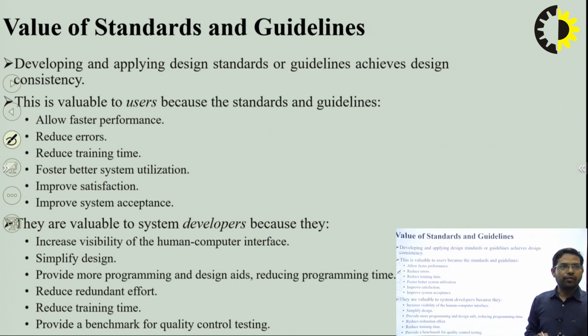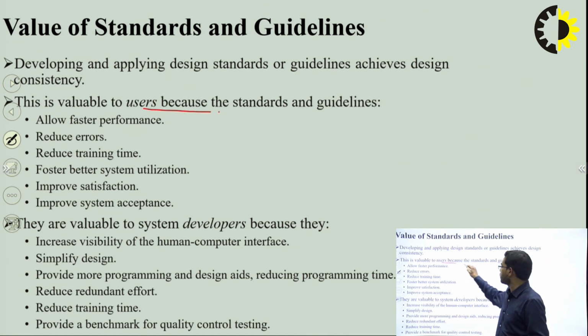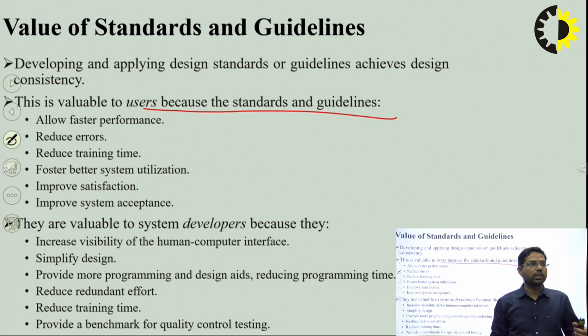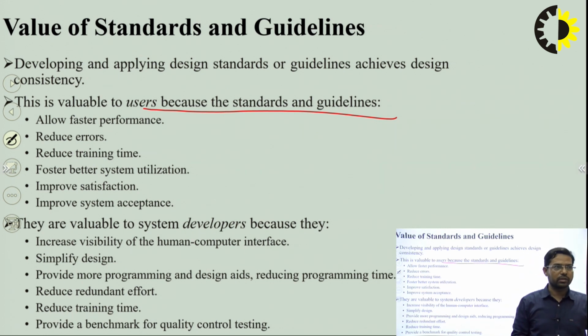What is the value of standards and guidelines? Basically, developing and applying design standards and guidelines achieves design consistency. This is valuable to users because standards and guidelines allow faster performance, reduce errors, reduce training time, give faster and better system utilization, improve satisfaction, and improve system acceptance.